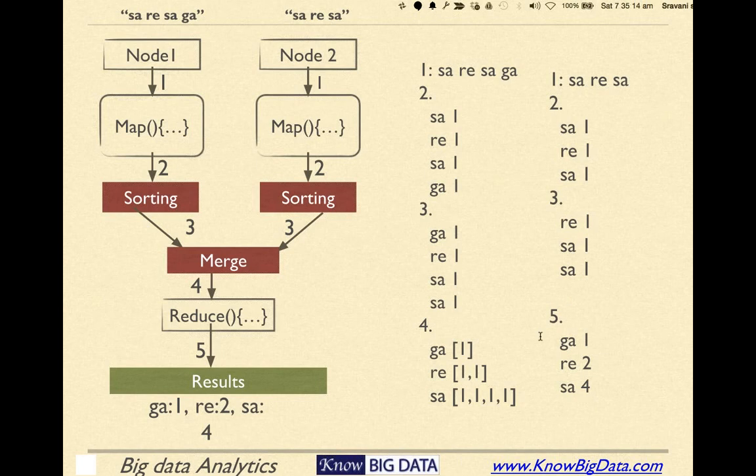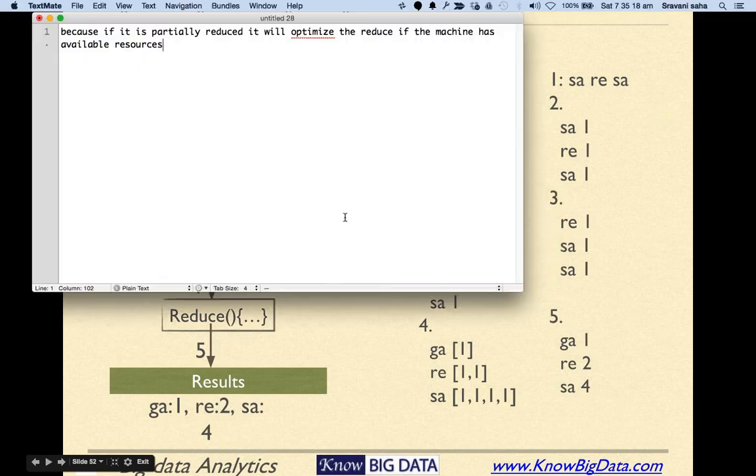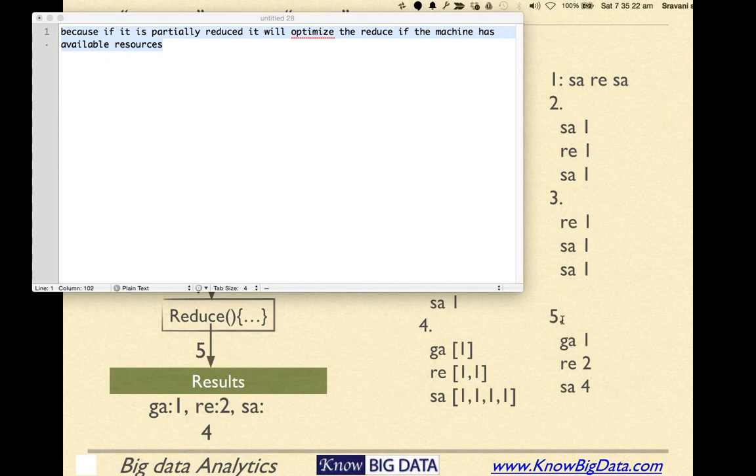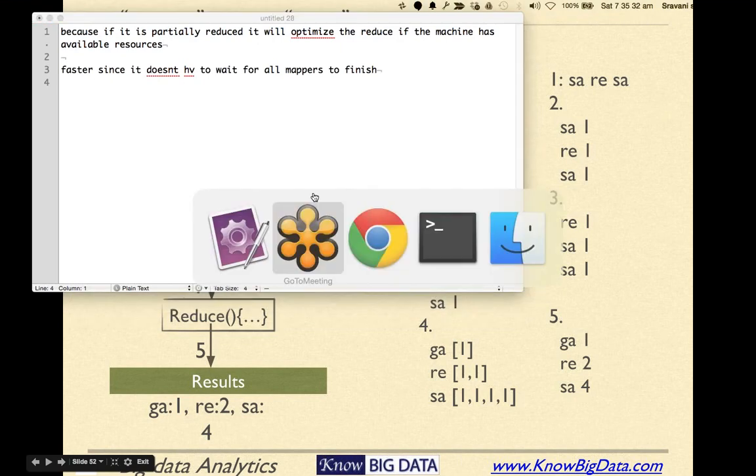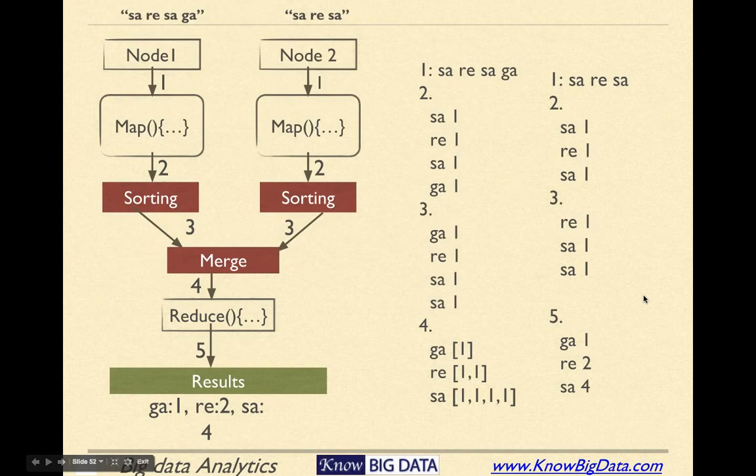Webber says faster since it doesn't have to wait for all mappers to finish. Okay, that's a good point. Let me note it down. Yes. So reduce doesn't have to wait for all the mappers to finish to start the process of reducing. All right, it will save time.